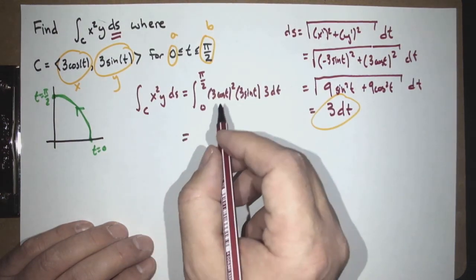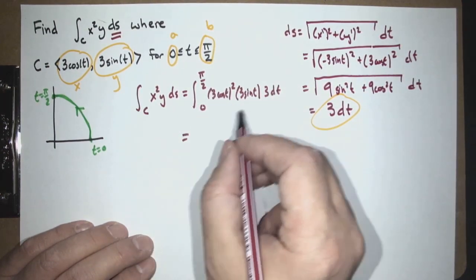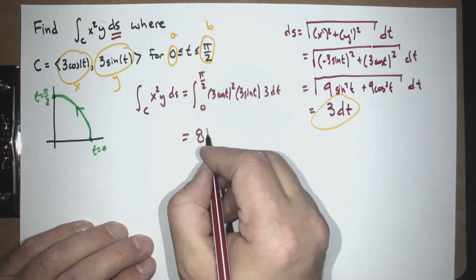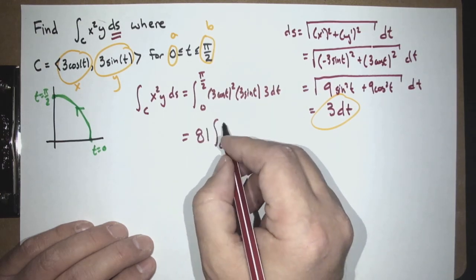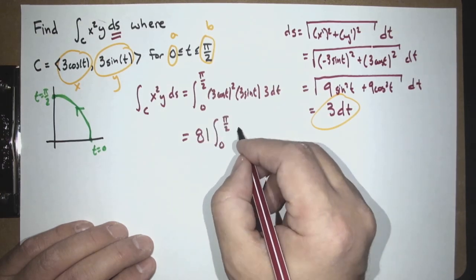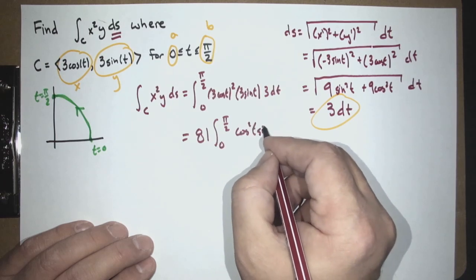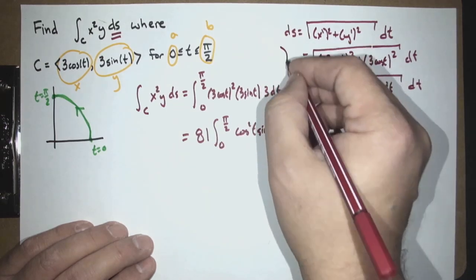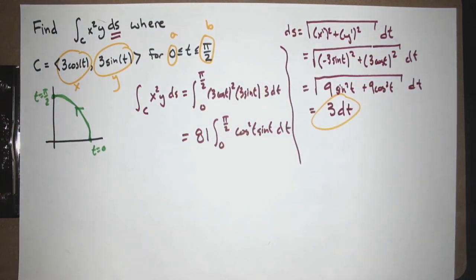Okay, so we got 3 squared, 3, 3, it's a bunch of 3's. Altogether, 81. Integral 0 to pi over 2, cosine squared t sine t dt. All right. Can we integrate cosine squared t sine t dt? No. Not right away, but some people have suggested u sub.